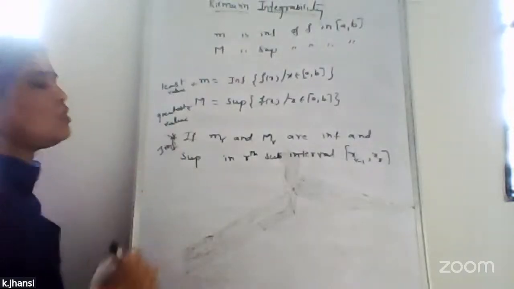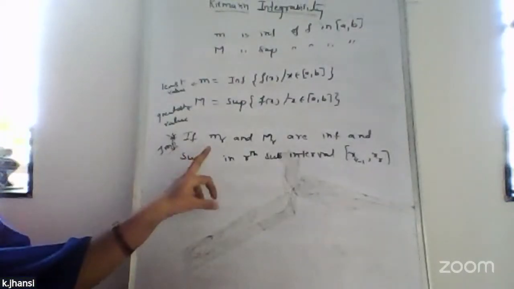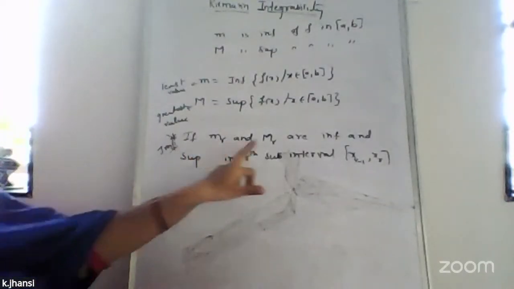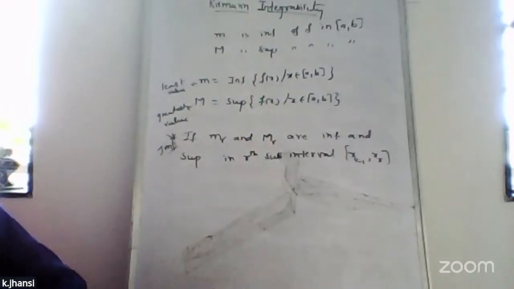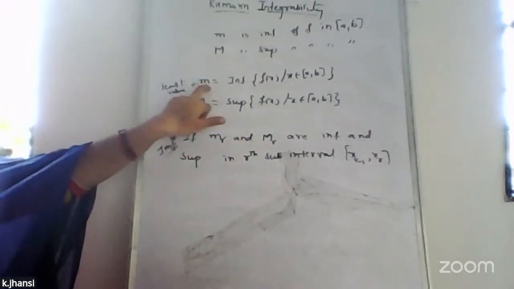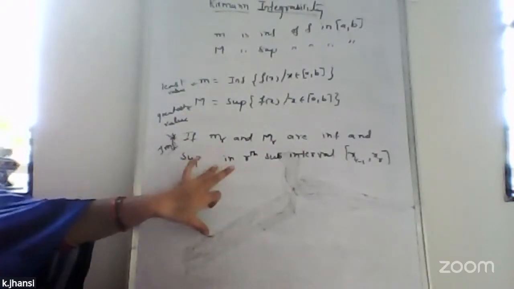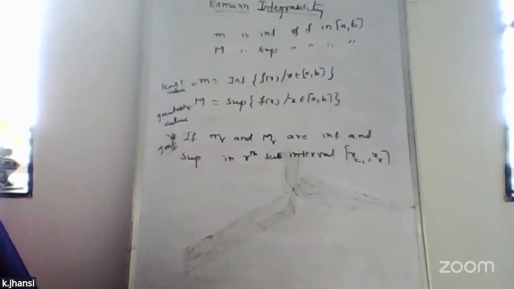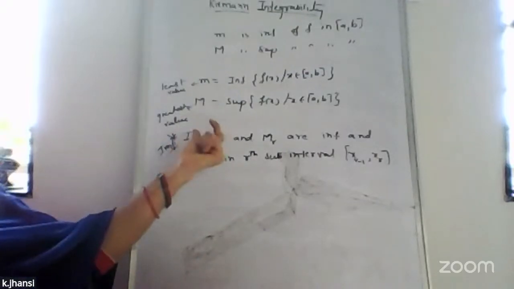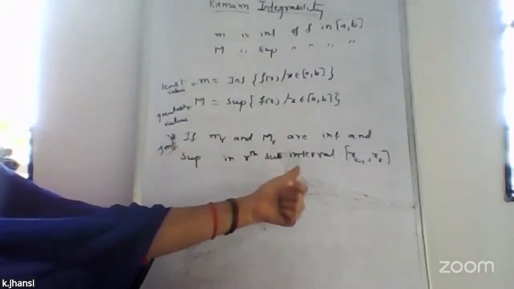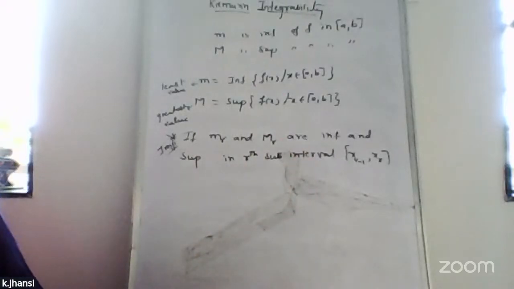In solving the theorems, you will have the representation of small m_r and capital M_r. These are defined from the infimum and supremum of the function f(x) in the rth subinterval, that is [x_(r-1), x_r].